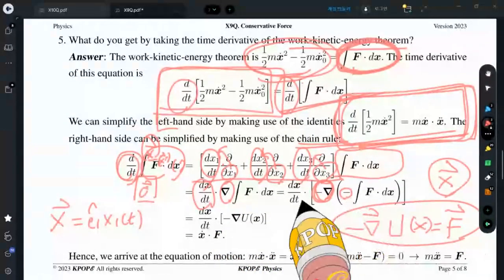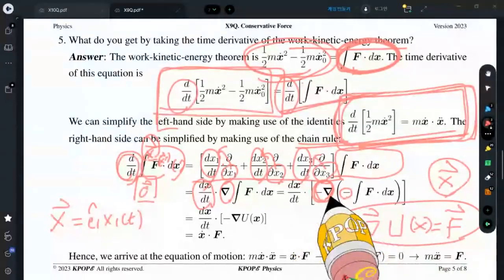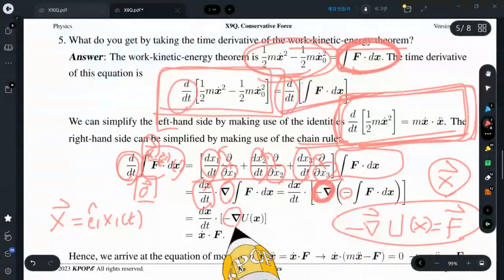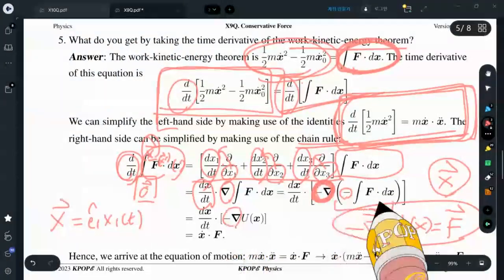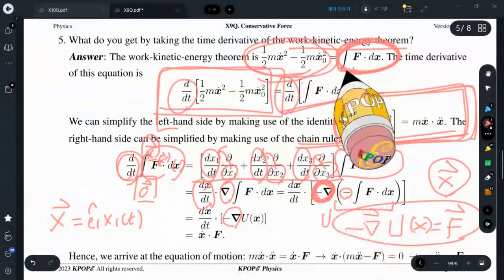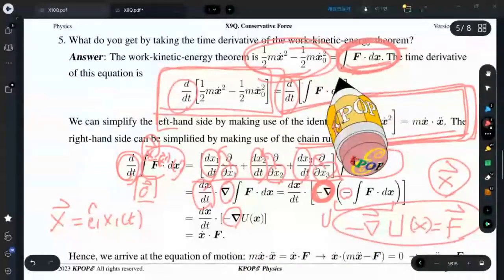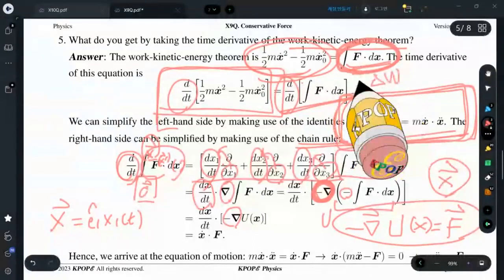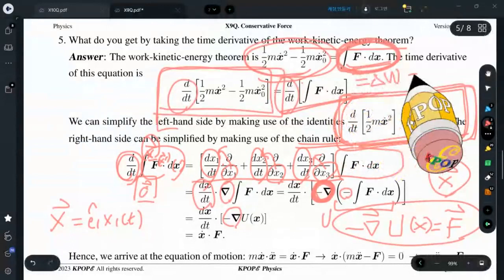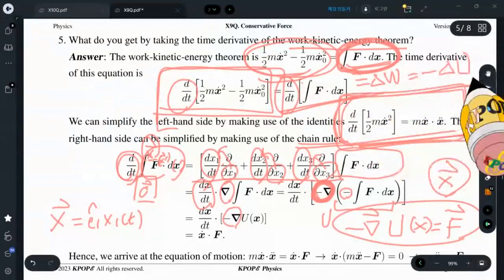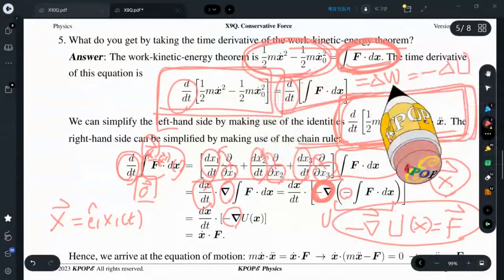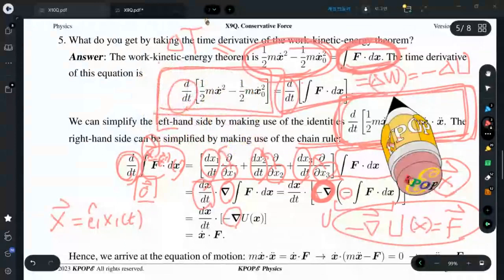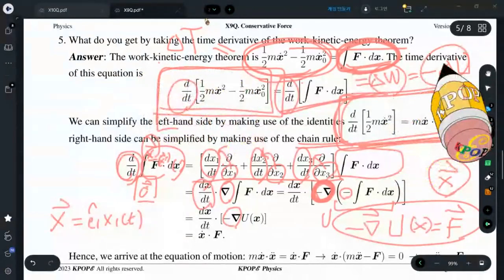What I obtain is the negative of the gradient, and this is the potential energy. Let me say this is the work, and I define this work by the negative of a potential energy. The work-kinetic energy theorem says that the kinetic energy change is the work. Why don't we move this one to the left-hand side?